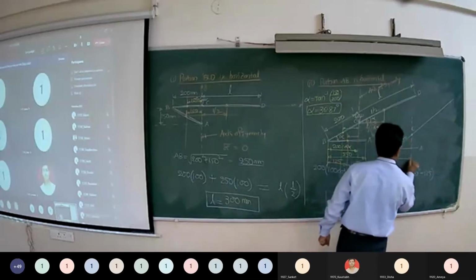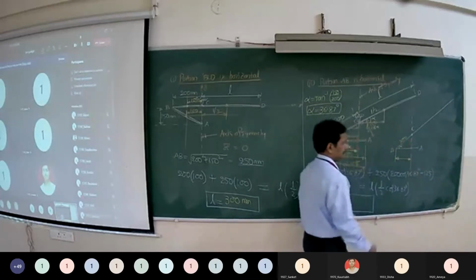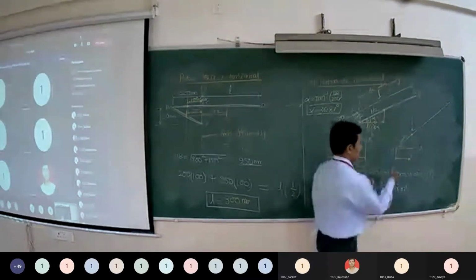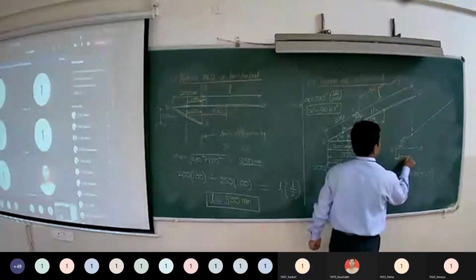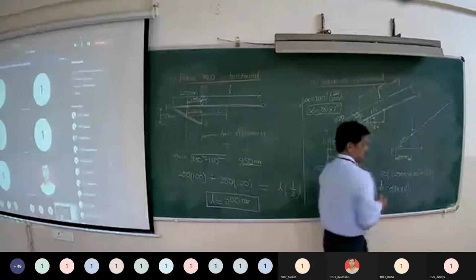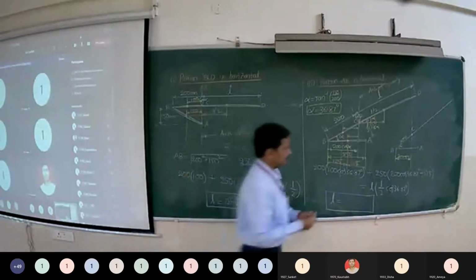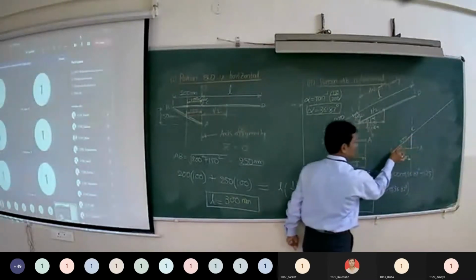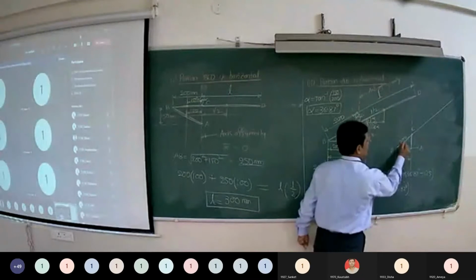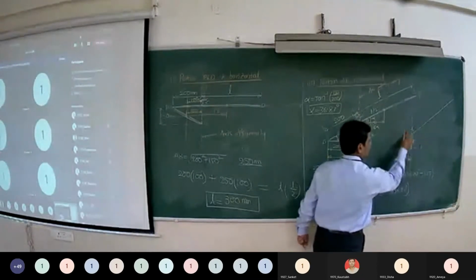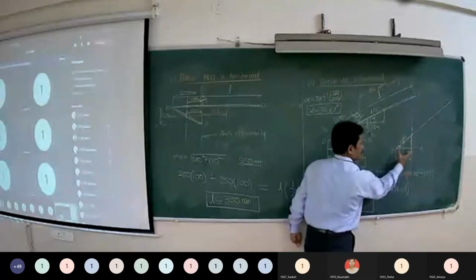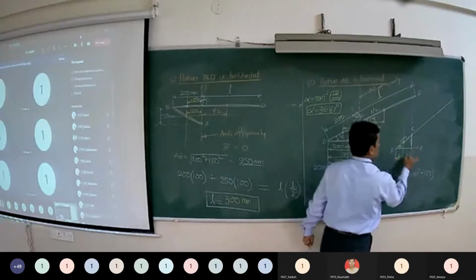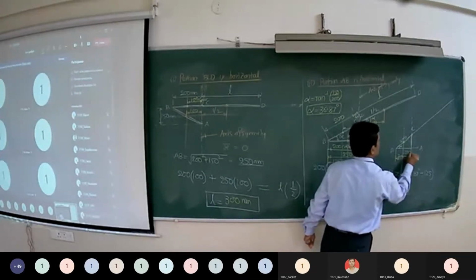Now you tell me how much is this distance? 200 cos alpha. Now you consider this right angle triangle. Hypotenuse is 200, you have this as alpha. If you draw a vertical line to the midpoint of the hypotenuse, that will divide this side into two parts. That is 200 cos alpha divided by 2. That means 100 cos alpha.